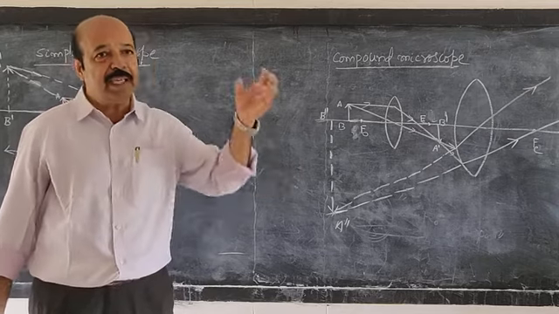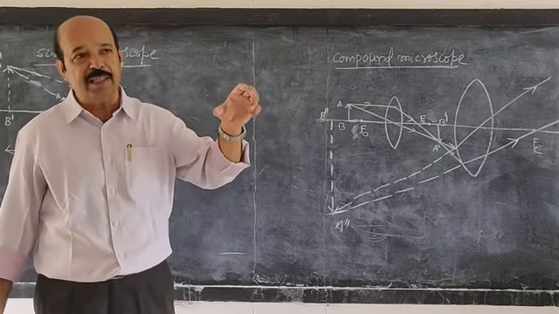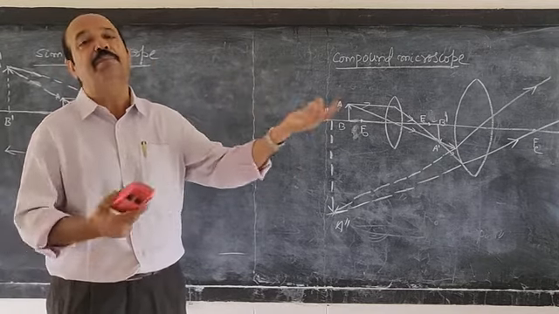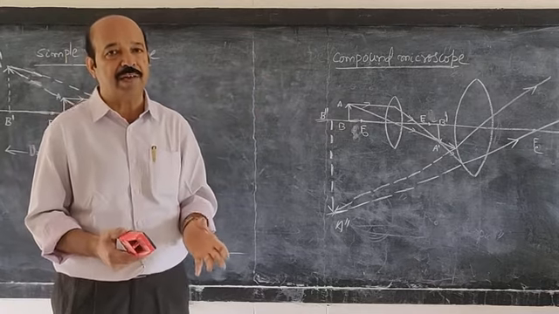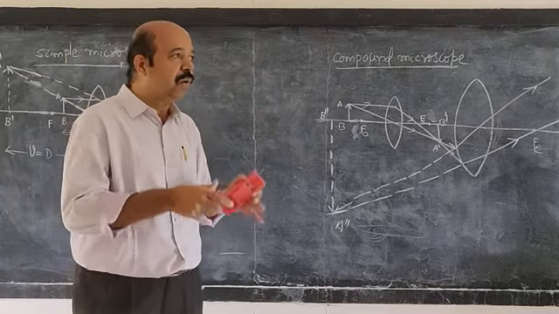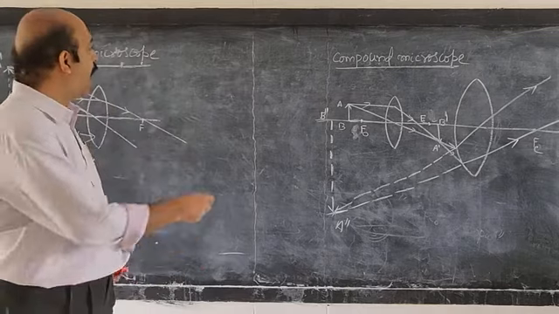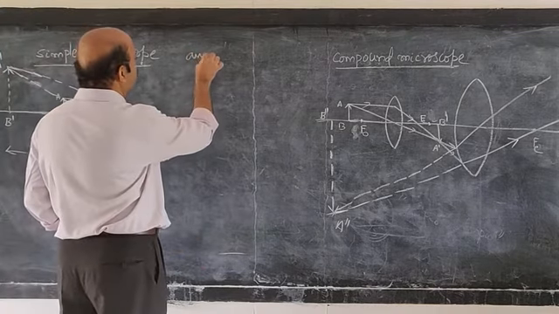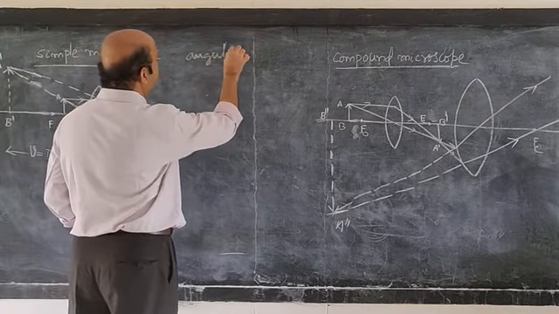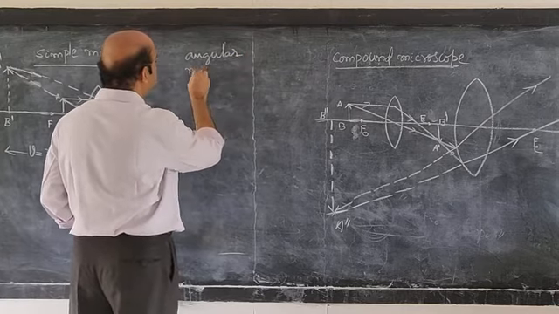So, by increasing the visual angle, a lens makes the image appear bigger than the actual size of the object. This is what we call angular magnification.